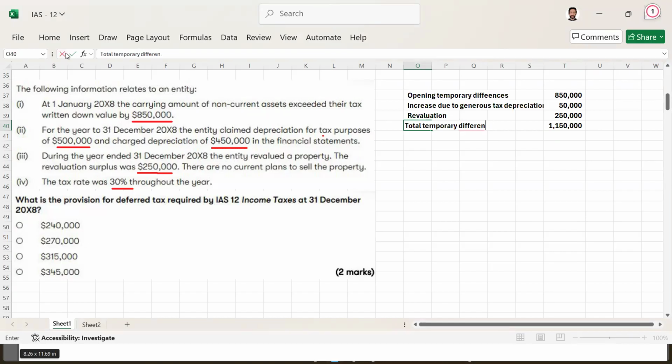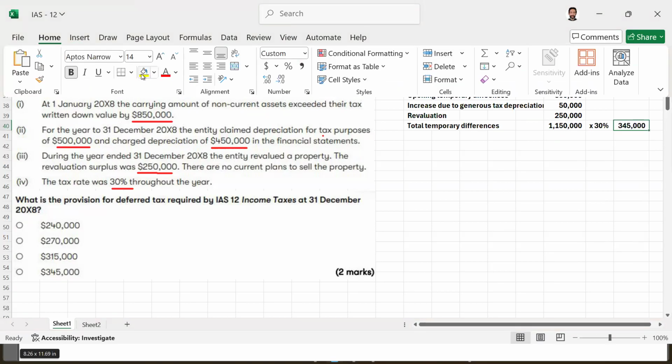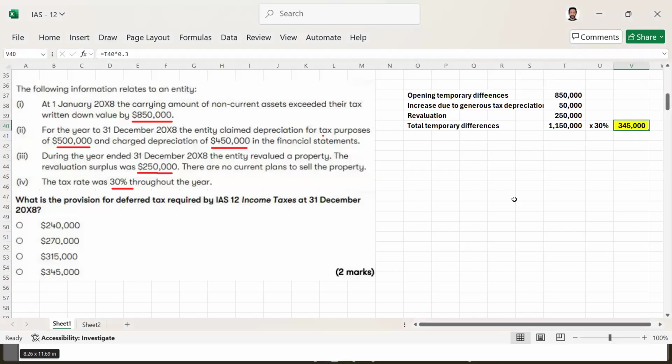Multiply them with the tax rate, multiply that to 30%, and we will have the deferred tax. So let's calculate that value here. This figure multiplied by 0.3. The answer is 345,000, which is your deferred tax. Okay. So I hope this is clear. We calculated the temporary differences step by step and calculated the value.